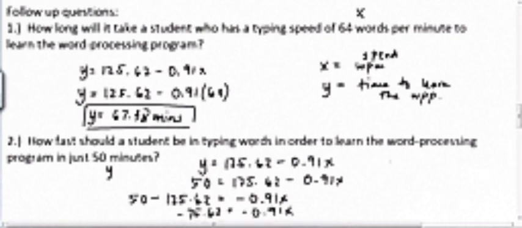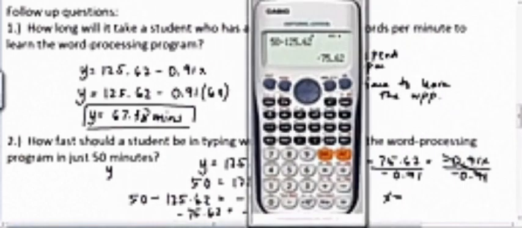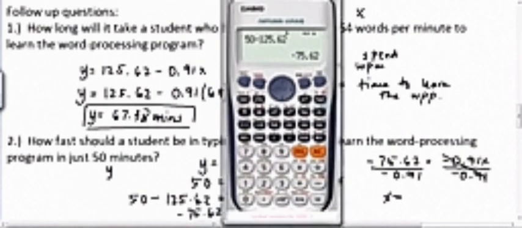So, to get the value of x, of course, we divide both sides by negative 0.91, right? So that only x remains. So, negative 0.91, negative 0.91, cancel these, and we get x. So, x would be negative 75.62 divided by negative 0.91.